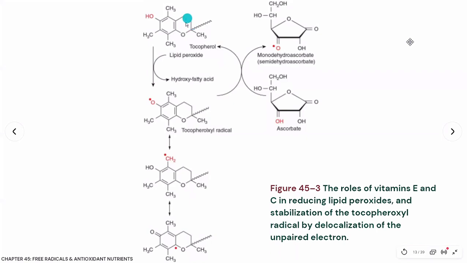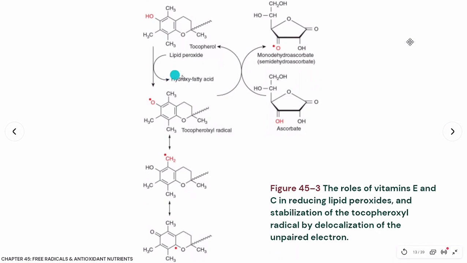Now, tocopherol, when it is trying to stop the function of a free radical, becomes a free radical also. So there is lipid peroxide. The lipid peroxide that has been damaged by a free radical now becomes a hydroxy fatty acid.